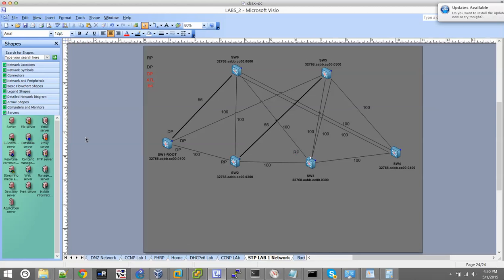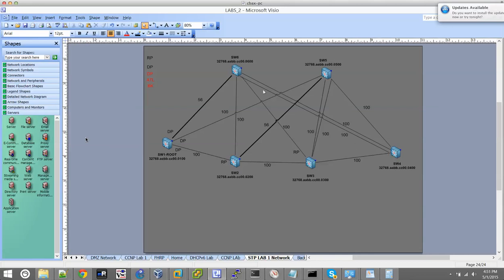Perfect. Now, switch 4. Same thing. We're going to figure out what the cost to the root is. 100, 200, 300. Then you got 100 here, 156. 100 here, 156. And then 100, 200. Perfecto. So, looking at this topology, the only thing that's going to suck is I didn't label the port IDs in this case, and this is where the port ID comes into play.